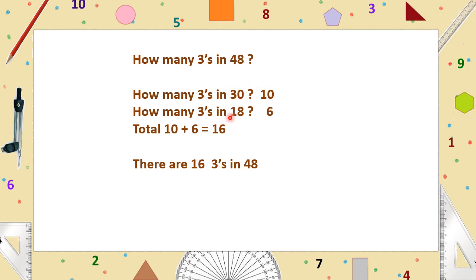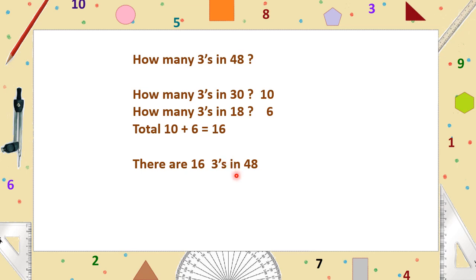The remaining is 18. So, how many 3's are in 18? In 18, there are 6 3's. So, in total, there are 10 plus 6, 16 threes in 48.